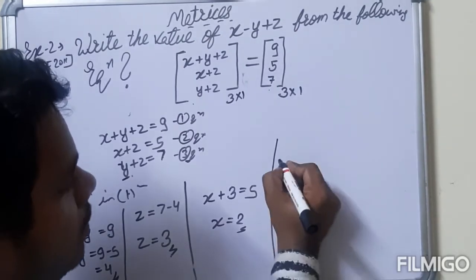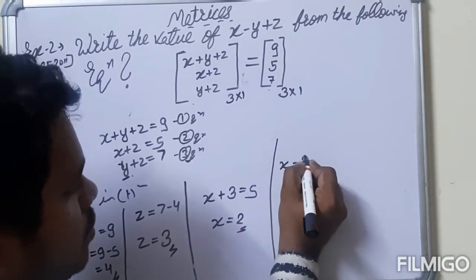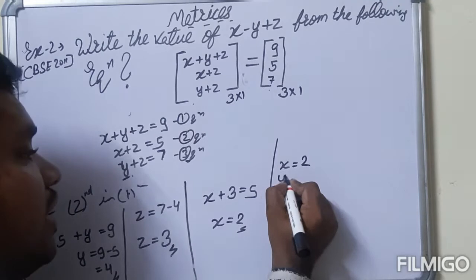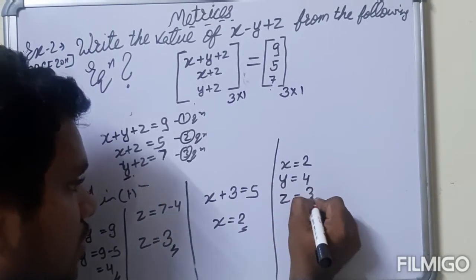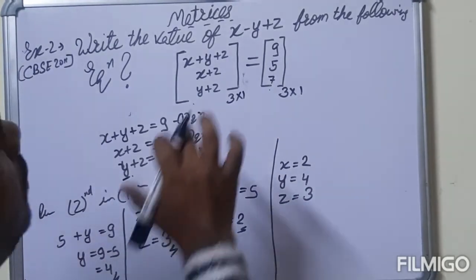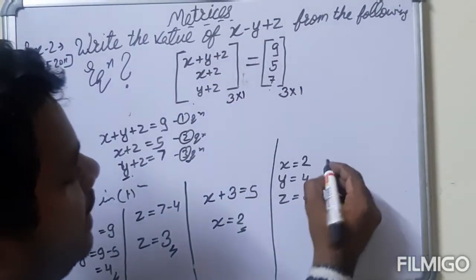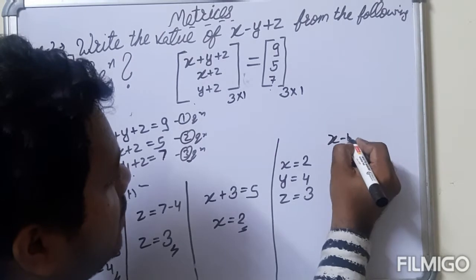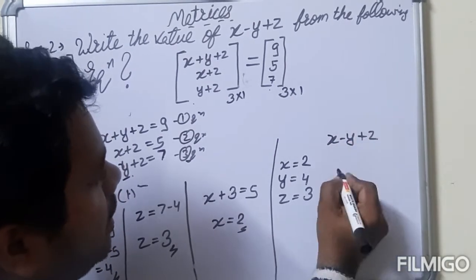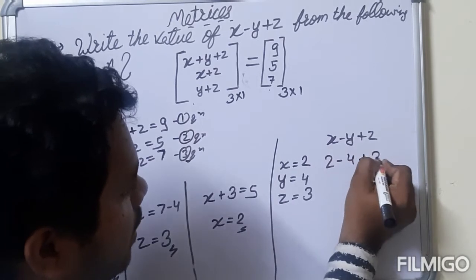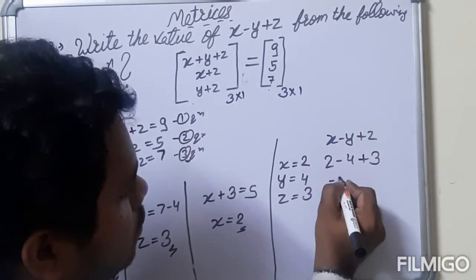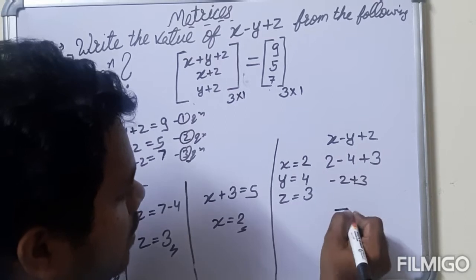Then we have got the three values: x is equal to 2, y is equal to 4, and z is equal to 3. Now we have to find the value of x minus y plus z. So 2 minus 4 plus 3, which is minus 2 plus 3, which is equal to 1.